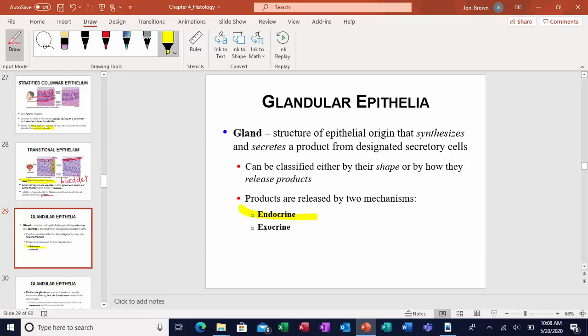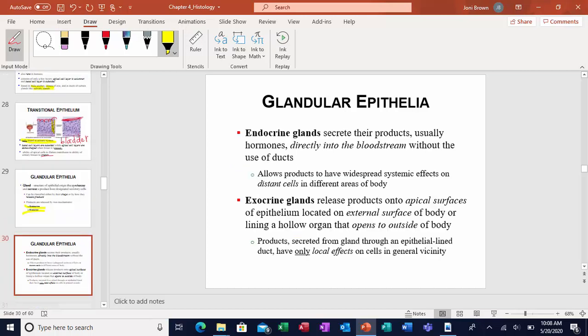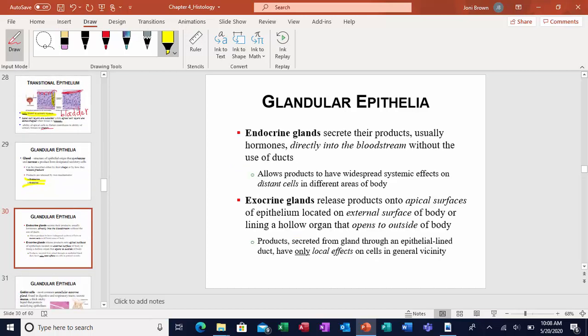There's endocrine glands that secrete inside, exocrine glands that secrete to the surface of the body. Now, endocrine glands secrete usually hormones into the bloodstream, no ducts. And they're going to have effects on distant cells because they go into the bloodstream.